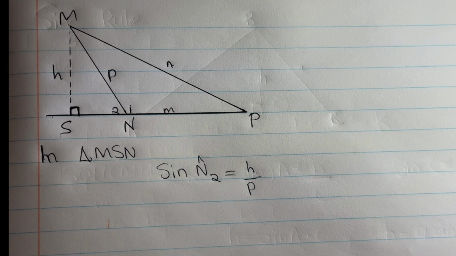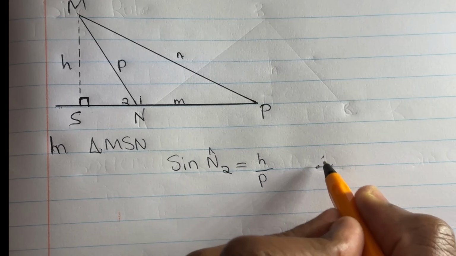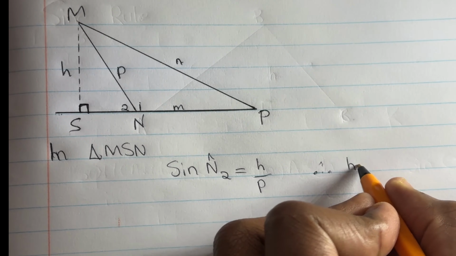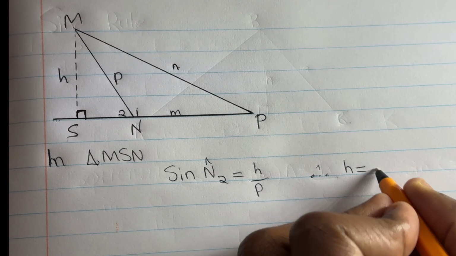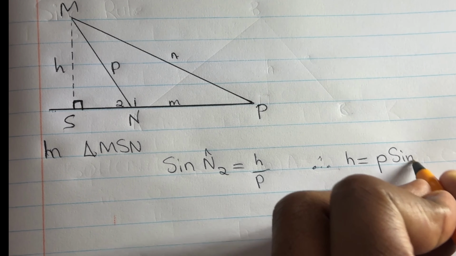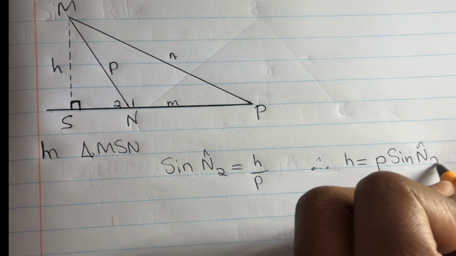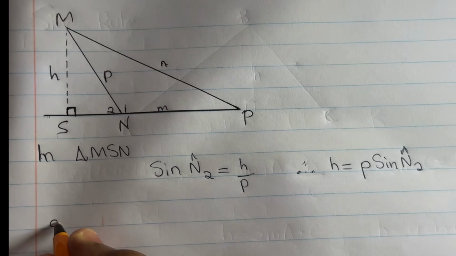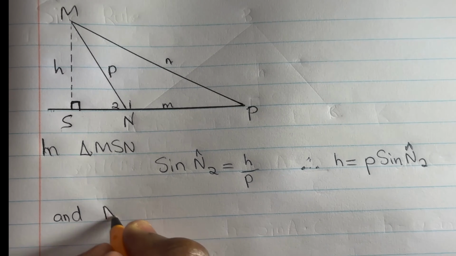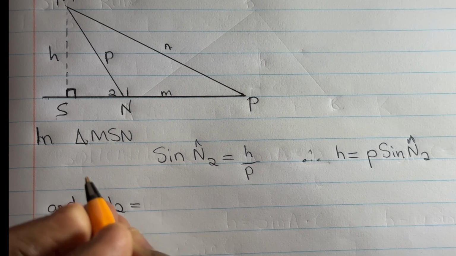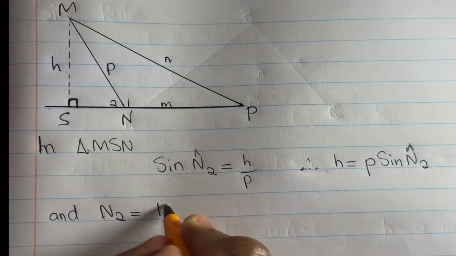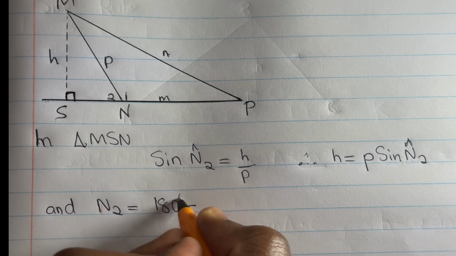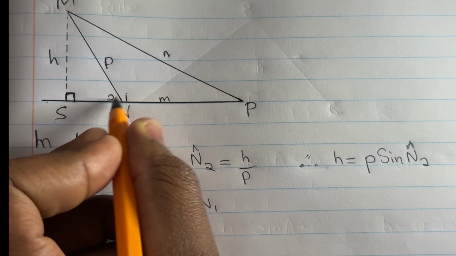We already spoke about this. Therefore, you can simplify this further and say H is equal to P sine N2, sine of angle N2, right? And we can also realize that angle N2 is equal to 180 degrees minus N1, as we can see.